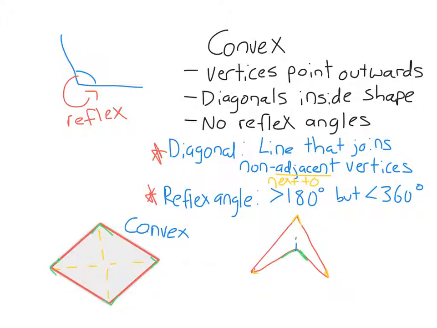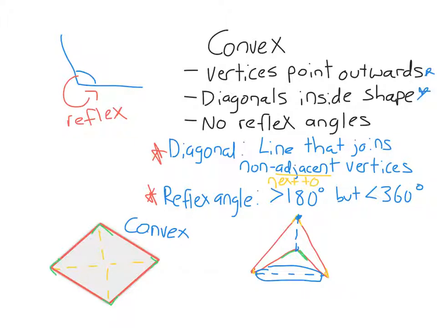So this line here is actually a diagonal because it joins this vertex and this vertex here. So they're not next to each other. So then it has one more diagonal. In fact, all quadrilaterals have two diagonals, and this is the other diagonal, joining two non-adjacent vertices. This diagonal is outside the shape. So it failed the first point, and it's now failed the second one.